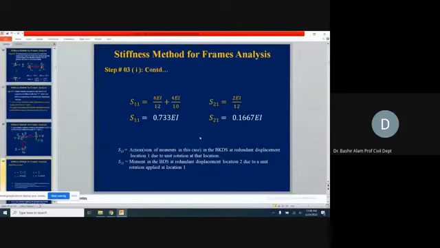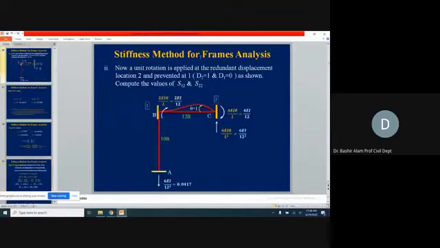Now we will generate the second column of the stiffness matrix, and how will that be generated? Corresponding to D2, we will give a unit rotation, and at the rest of the places we keep them fixed, restrained. Here we give a unit rotation. Here you can see this theta is equal to 1, in the direction of D2, which was clockwise.